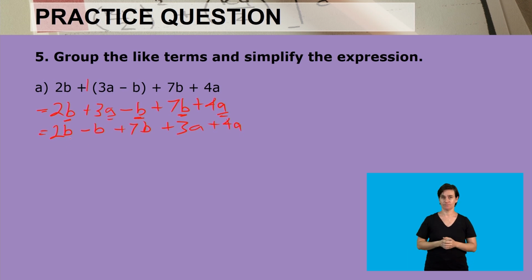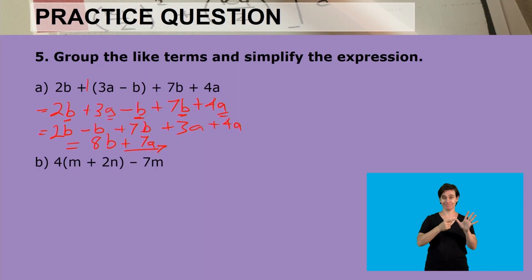So the outcome there would be 2b minus b is 1, and then 1 plus 7 is 8b. And then 3a plus 4a would be 7a. So that would be our outcome then. We have thus simplified the expression to two terms.